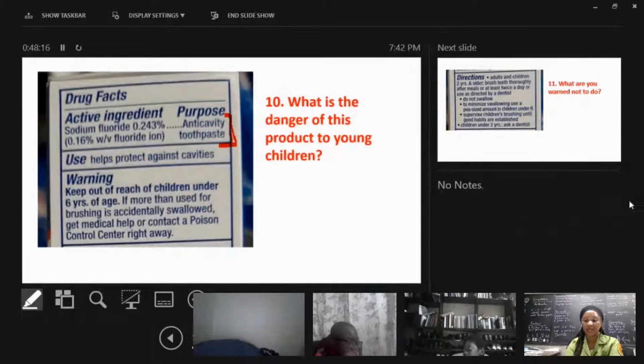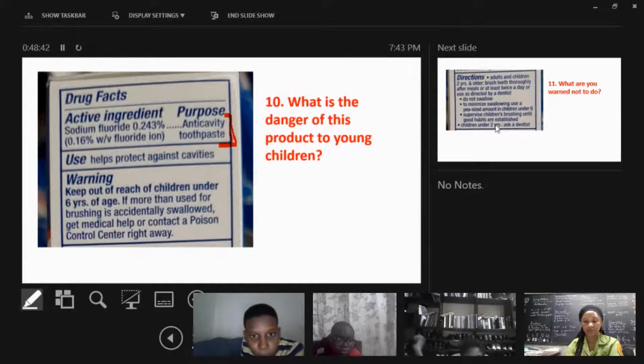Haley says it can be poisonous if swallowed. Gabby says, if swallowed, get medical help or contact the poison control center right away.